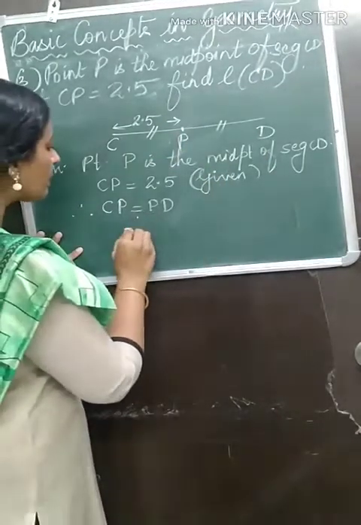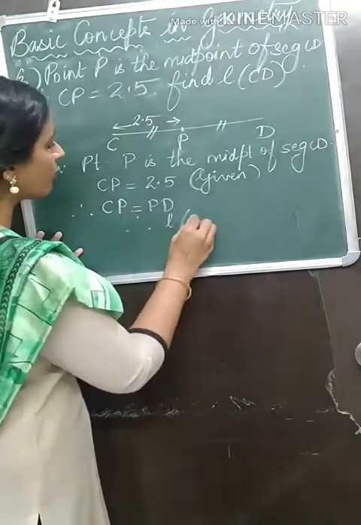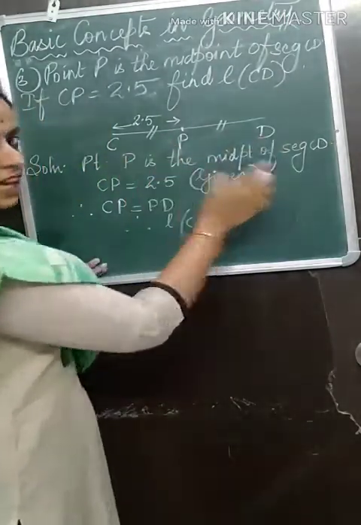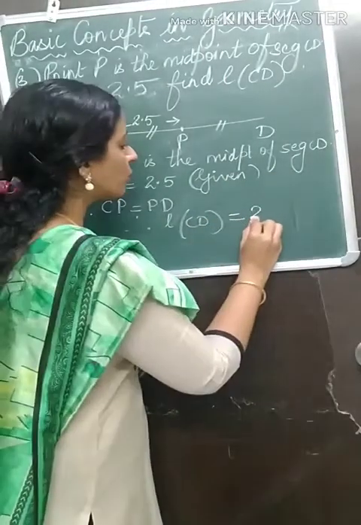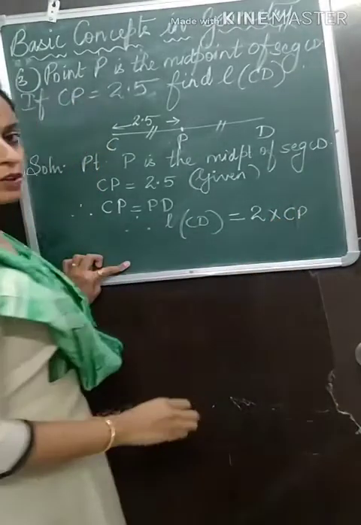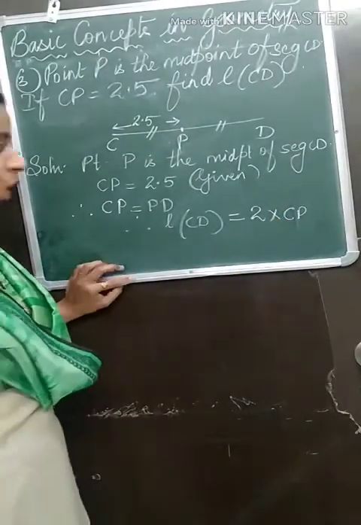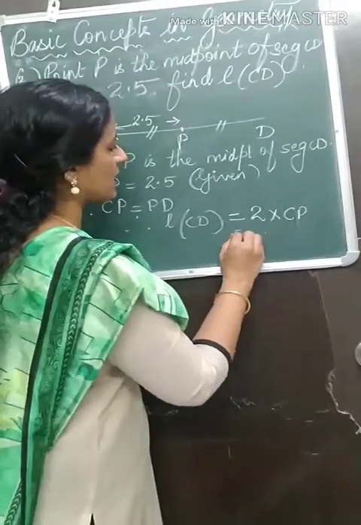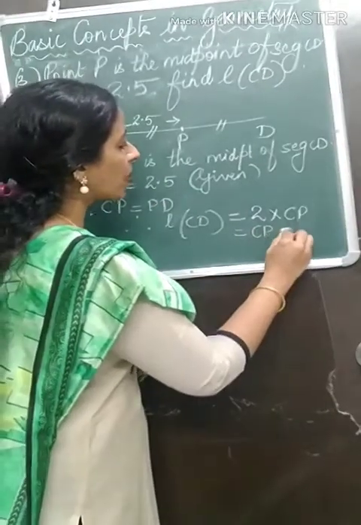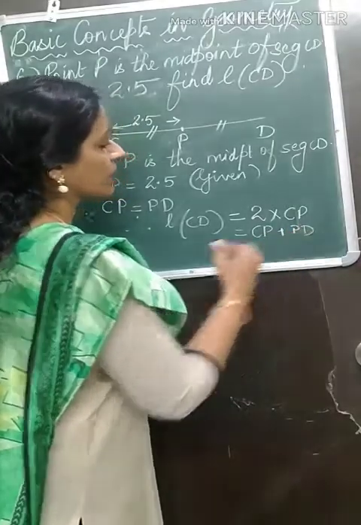So how much will be CD? Therefore, the length of CD, the whole thing, will be 2 times the length of CP. Or you can also write it as length of CD is equal to CP plus PD.